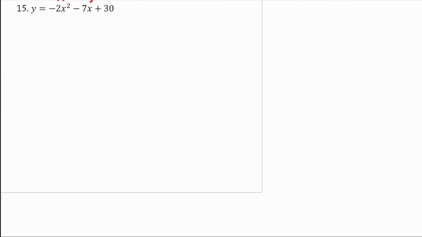All right, now this last one, okay, I can't just factor out the negative 2 from everything because that 7 is odd. So I'm going to use that same AC technique, where I multiply A times C, negative 2 times 30, to find out what my numbers need to multiply to, and find ones that add to negative 7.